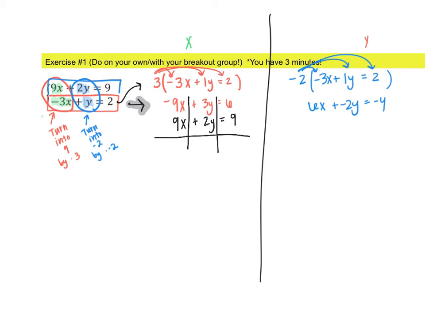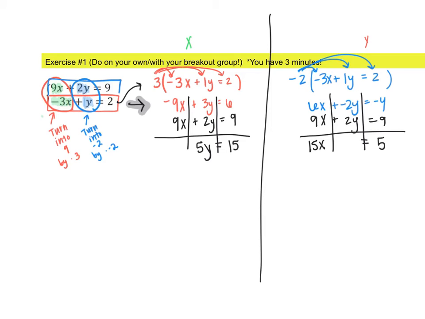If you chose to eliminate your y variable, then you're going to be stacking this number up with your top one as well. We have 9x plus 2y equals 9. So go ahead and add that up. Whichever one you choose, eliminate one variable right now. And check your work with me in a second.